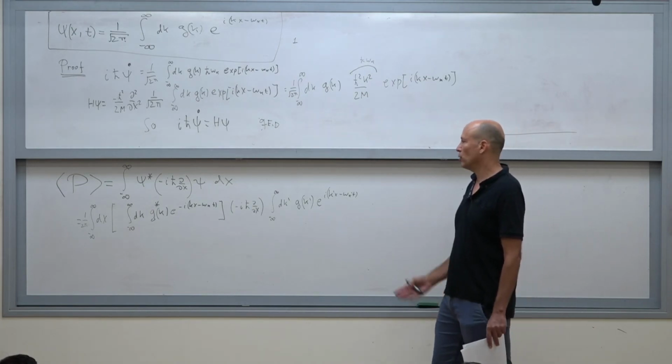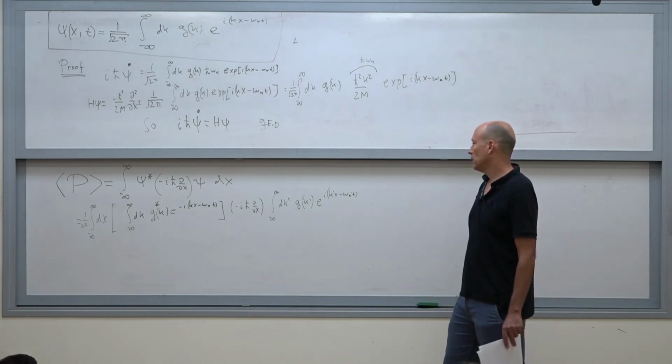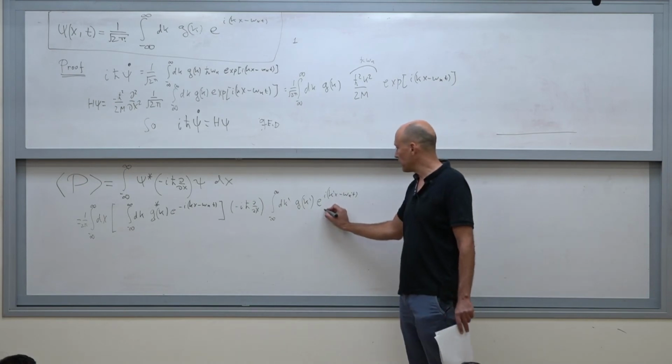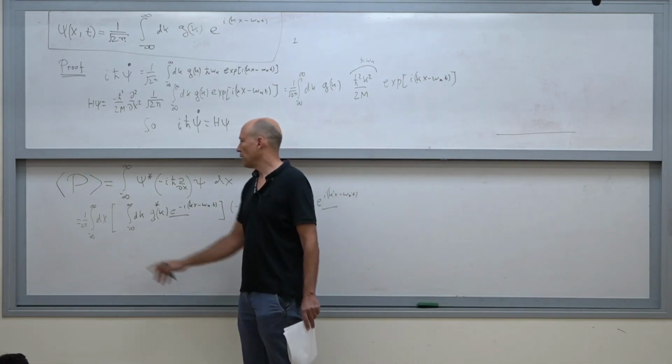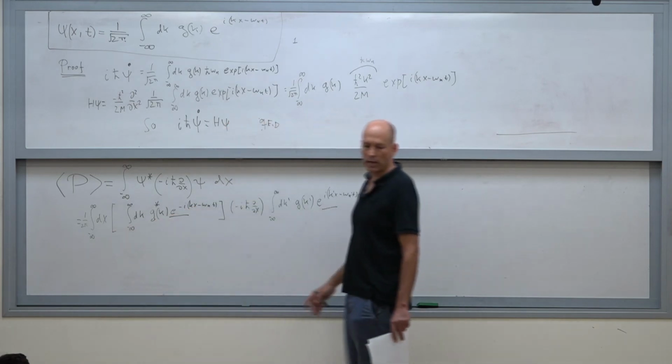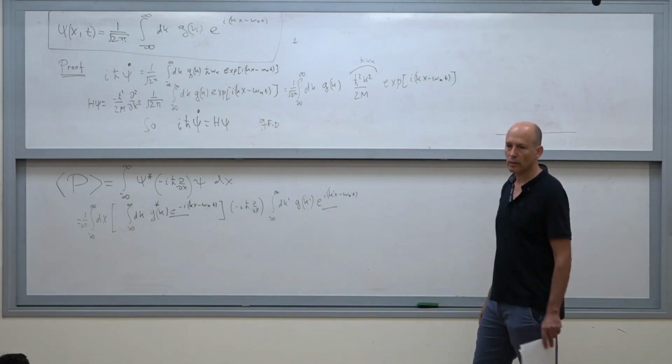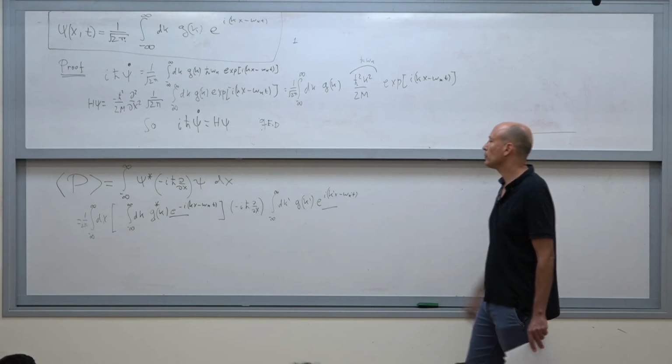And why is the integral over x easy? Let us look where we have x. We have x here, and we have x here. And then I integrate over x. So what is that? Homework 1.